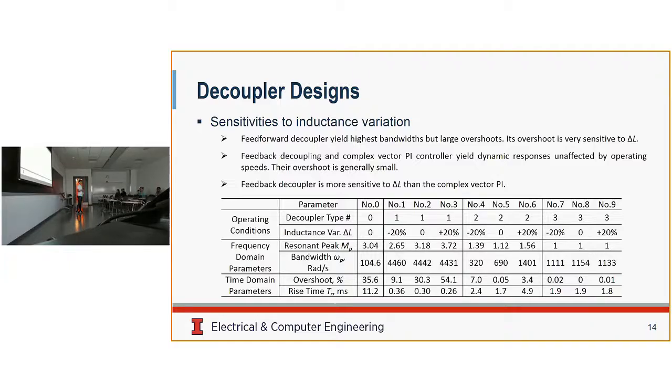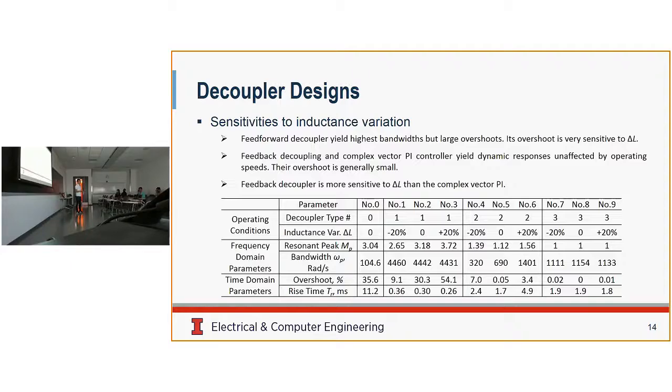But for the resistance, you have a good method to estimate it online. So even though it could cause a performance deterioration, if you're able to estimate it online, you can change your controller parameters online.